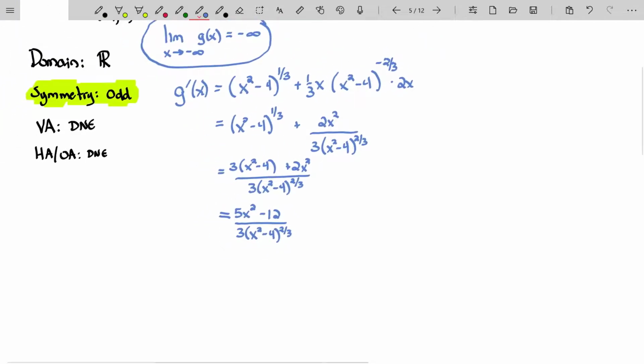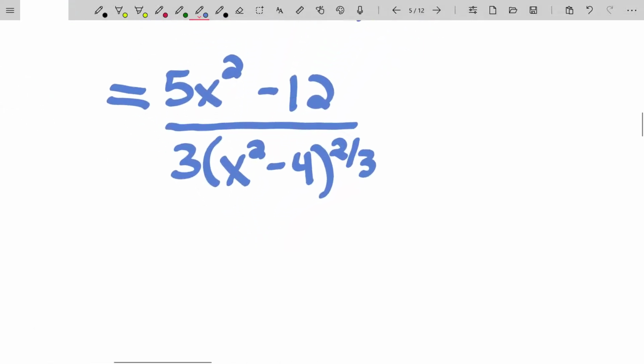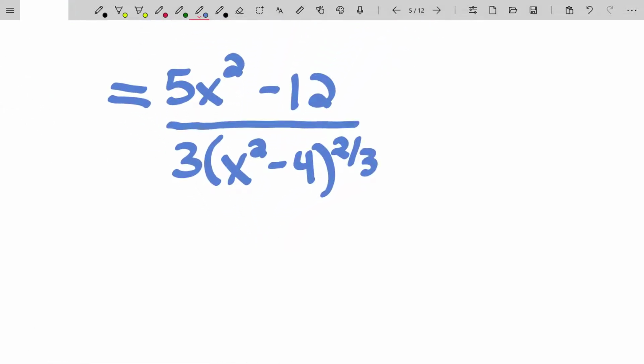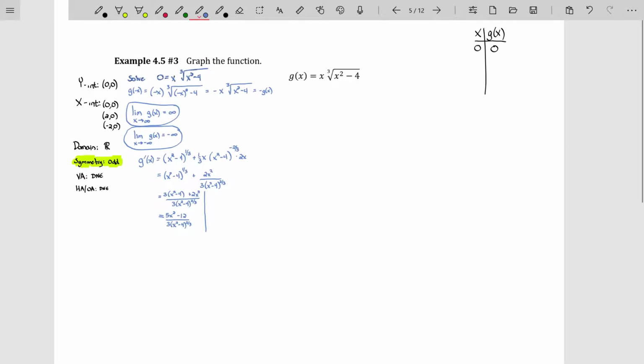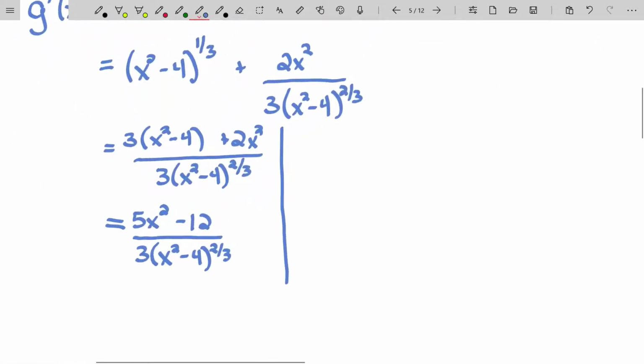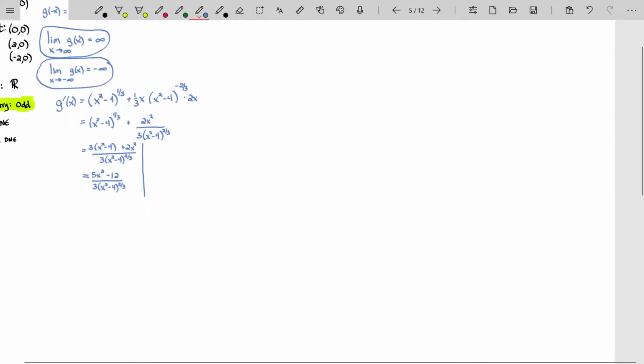All right, so where does this not exist? I know that it doesn't exist when x is equal to plus or minus 2, because that's when that derivative just doesn't exist. So I'm just going to say maybe off to the right-hand side here, just to reserve room. And by the way, don't try to squeeze a graph into a small space. If I can't get my graph to fit in the space to the right, then I'll just open up a new page.